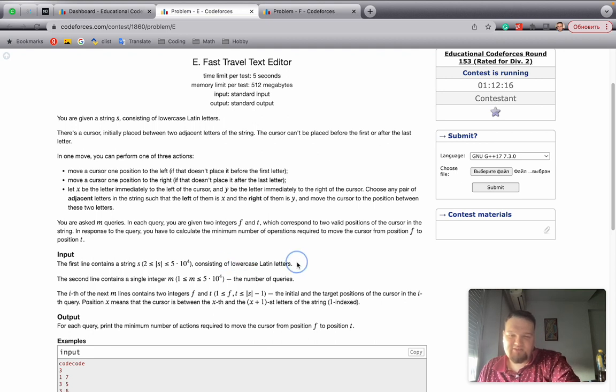Lowercase Latin letters. So all positions are split into at most 26 squared classes, and inside the class you can jump to a position with the same class in one operation.